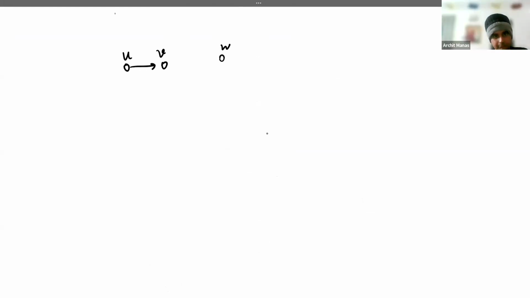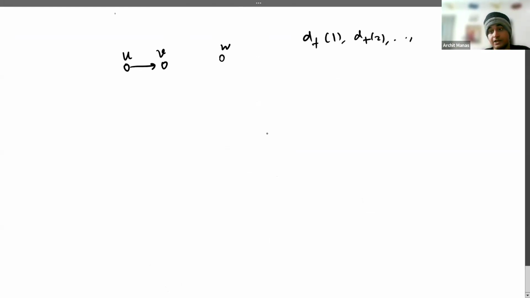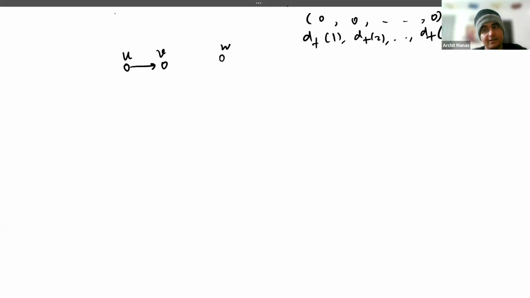Exactly. So the way to think about this is you have these variables d plus of 1. Mind you, this is not sorted, because we assume this is just the arbitrary sequence of out degrees as a function of the graph that we currently know, the edges that we currently know. Initially, this is an all zero string, and what you want to determine by the end is if there is an element that is at most 1. When you query an edge, one of the vertices that you query about necessarily increases by 1, right?